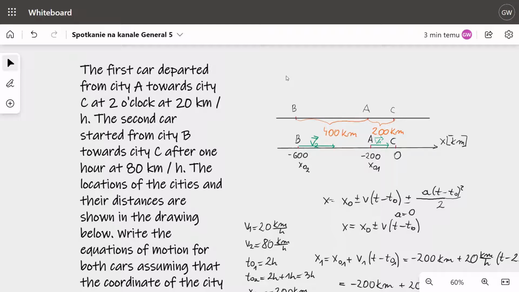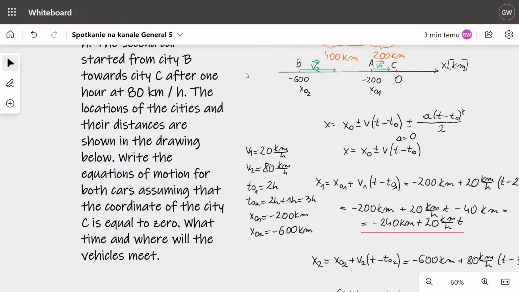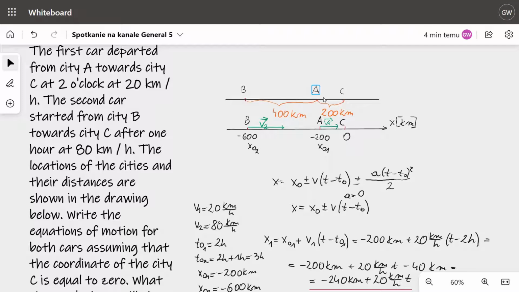The locations of the cities and their distances are shown in the drawing. Write the equations of motion for both cars, assuming that the coordinate of the city C is equal to 0. What time and where will the vehicles meet? The drawing is part of the data.